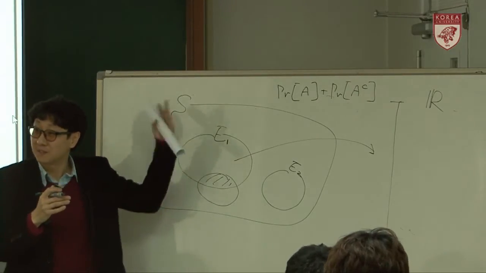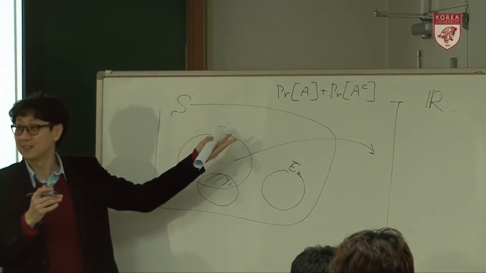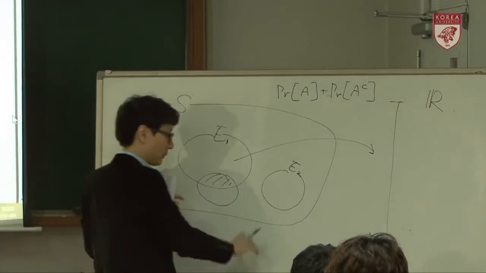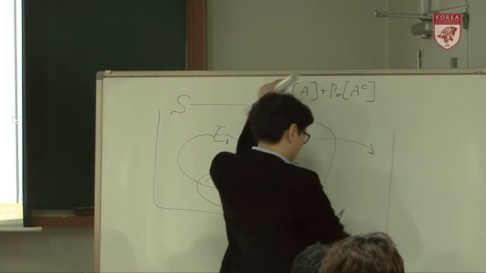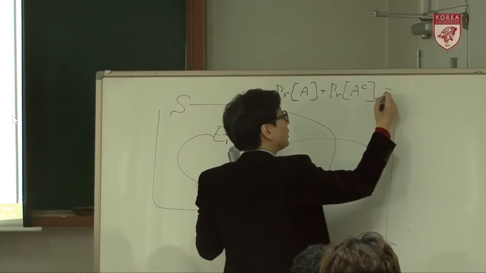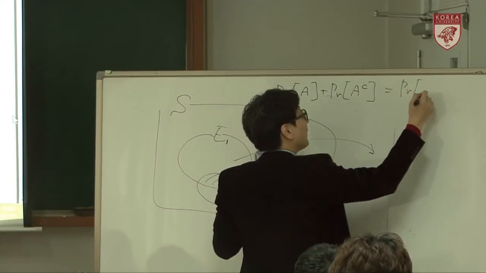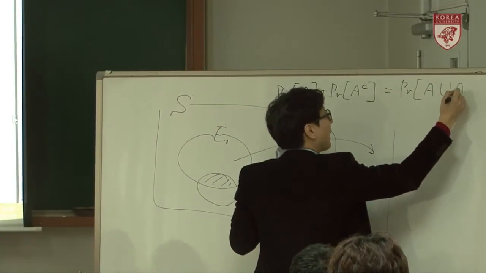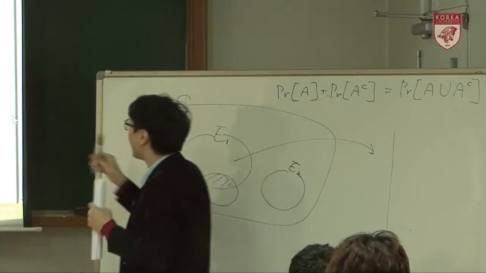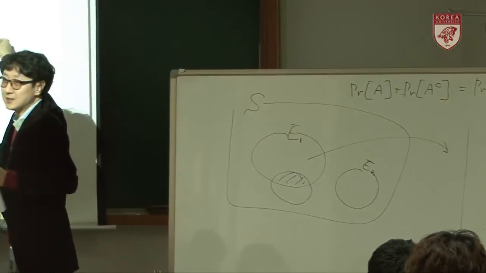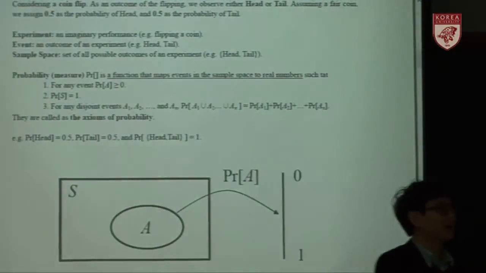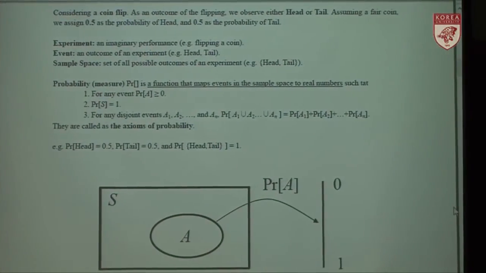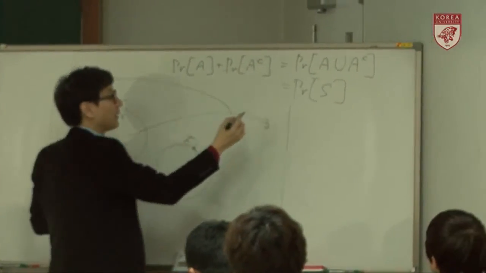That's the definition of the complementary set, right? So it should be equal to the probability of A union A complement, by the third property. And this is the probability of S, the whole sample space, and this is 1.